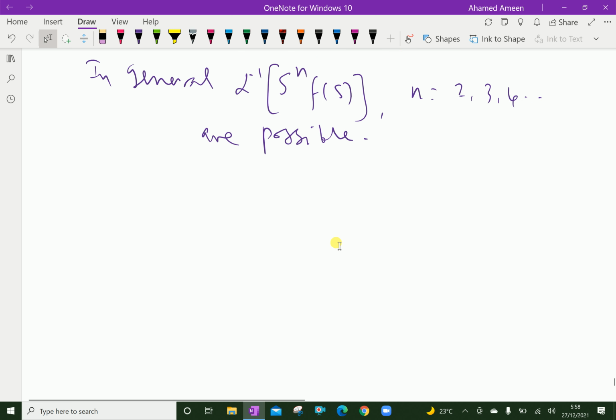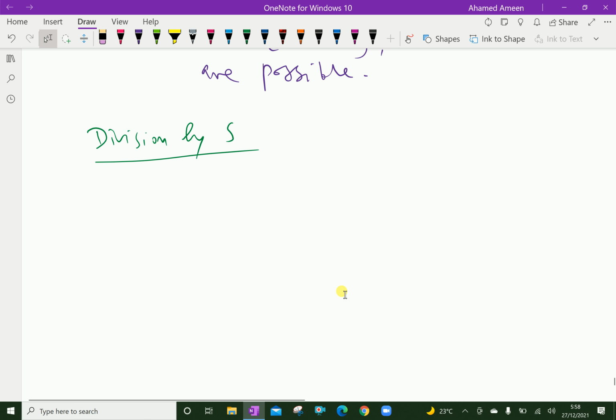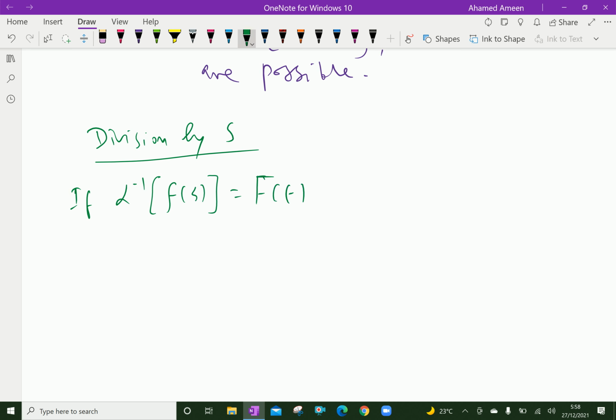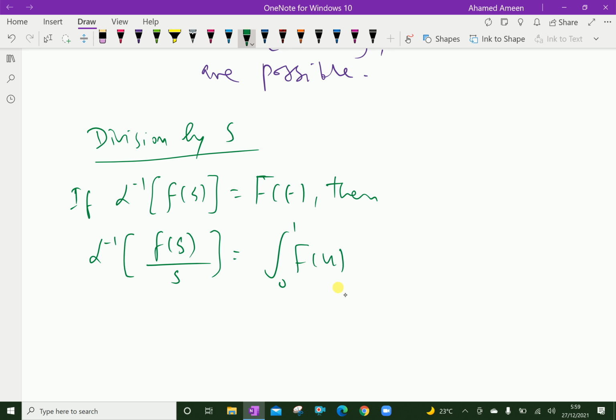Next, division by s. Here, if inverse Laplace transform of f of s equals f of t, then inverse Laplace transform of f of s over s equals integral 0 to t of f of u du.